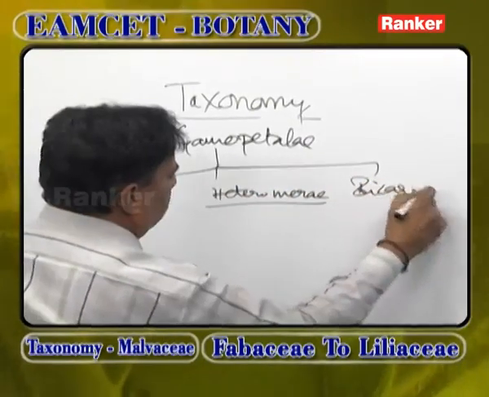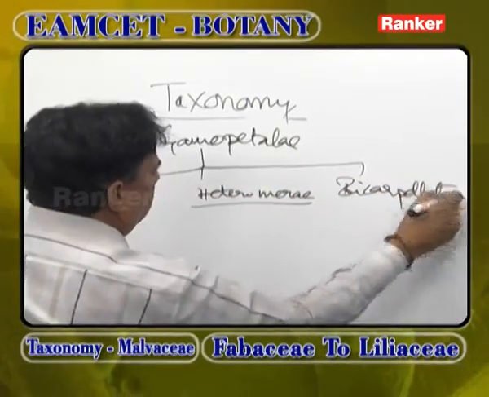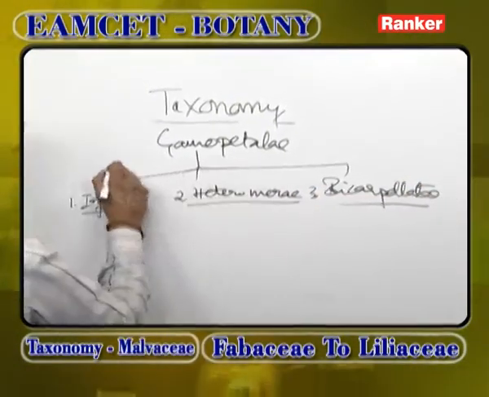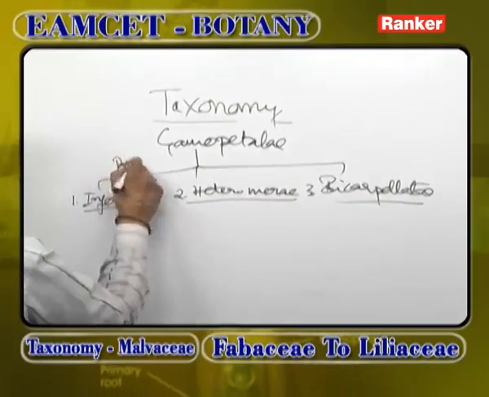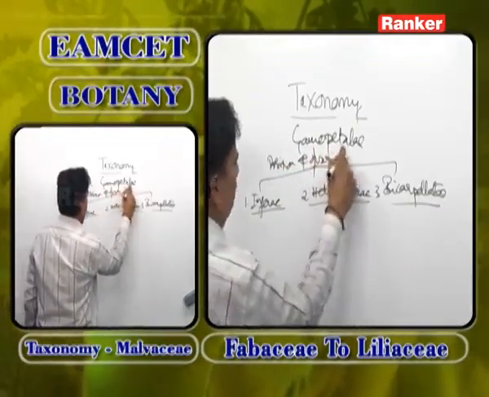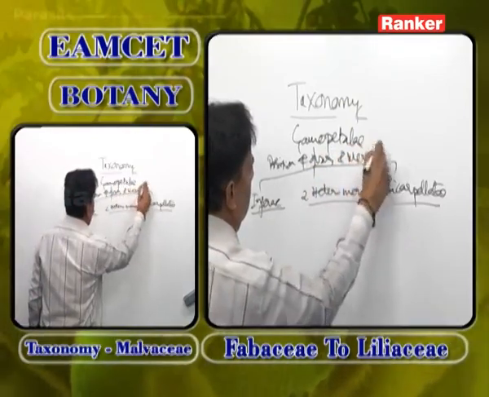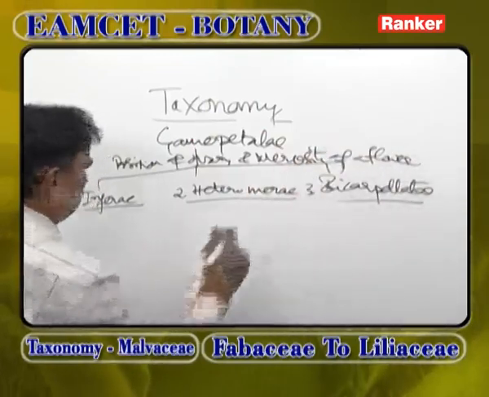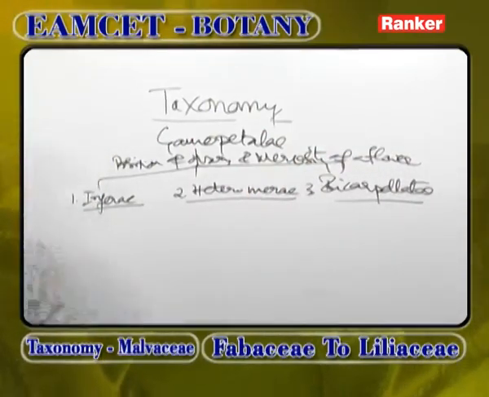These are the three series in the Bentham and Hooker system of classification. This is done based on the position of ovary and merosity of the flower.